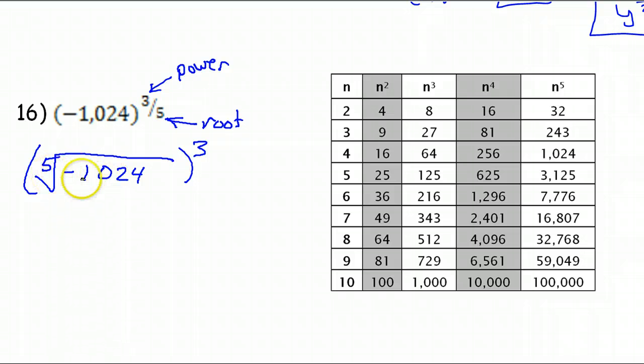Let's see if this number is a perfect 5th power by looking in this column. Oh, look, it's right there. What about the negative, though? Is this going to be i or not possible because it's negative or something like that? No. We will not be dealing with i in this unit.